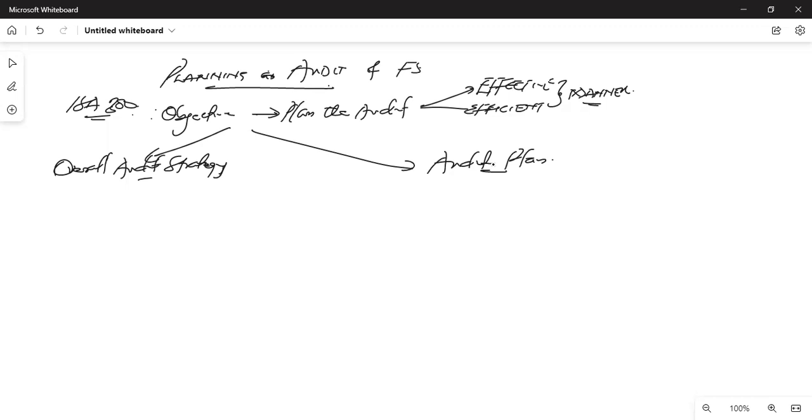That is what happens. Now, the overall audit strategy states and sets out the generic terms of how the audit is going to be carried out. So this one is very generic.